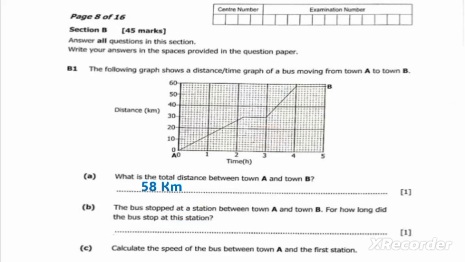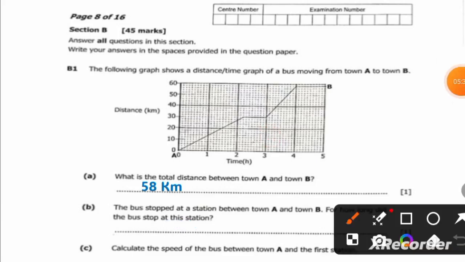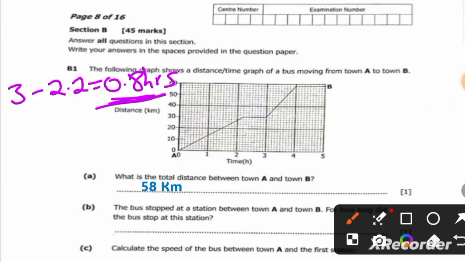We are going to say 3 hours minus 2.2 hours. We are going to get 0.8 hours. So the bus stopped for 0.8 hours.